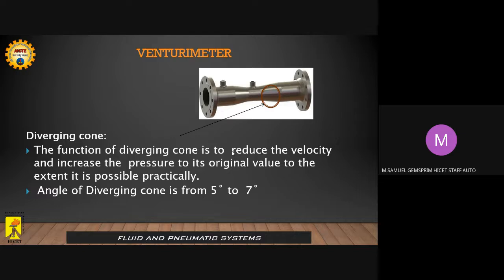Thereby it won't get affected by the atmospheric pressure value, or if it is working with an extreme or increased pressure value, it is highly impossible to bring it back to the original flow, reduce the velocity and increase the pressure.